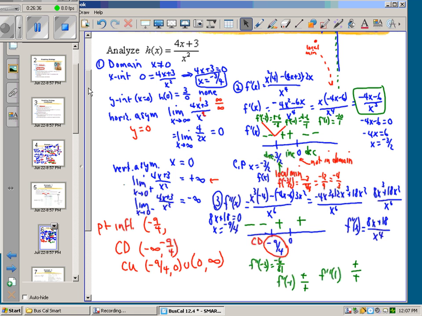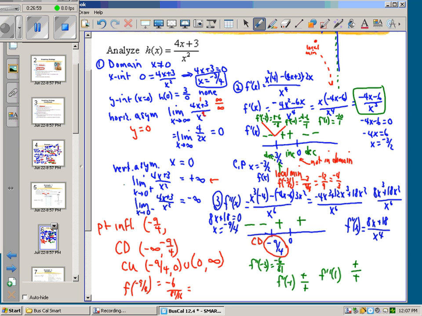Okay. So f of negative 9/4 will be negative 9 plus 3. So negative 6 on the top. And then we're going to have 81/16 on the bottom.